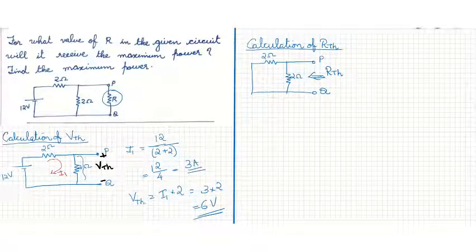And from the circuit it is clear that RTH is equal to 2 parallel to 2. That is equal to 2 into 2 by 4, that is 1. Then third step is find the maximum power.